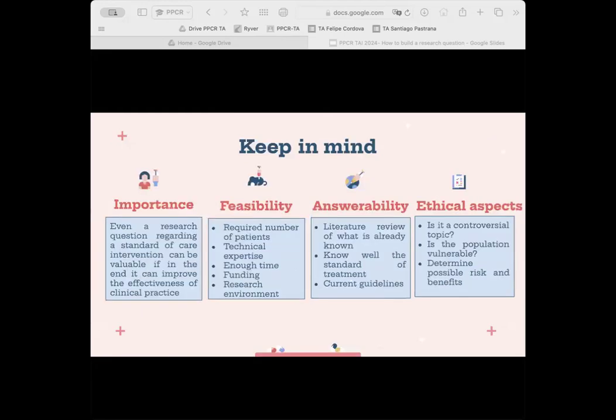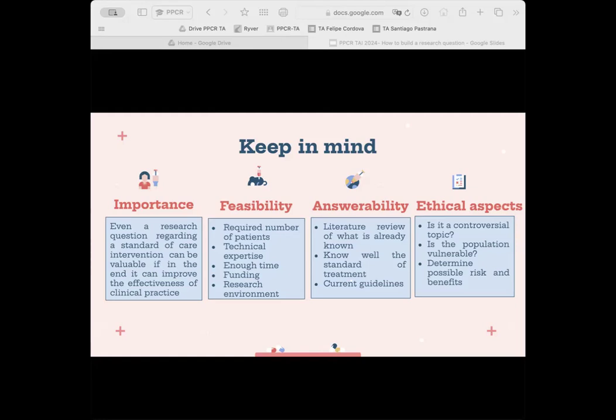And then I have here some important points that you want to keep in mind for each of the characteristics a research question must have. For the feasibility, you will have to keep in mind if you have enough patients, if you have enough people with the technical expertise, if you have enough time, what is the funding, what is the research environment.